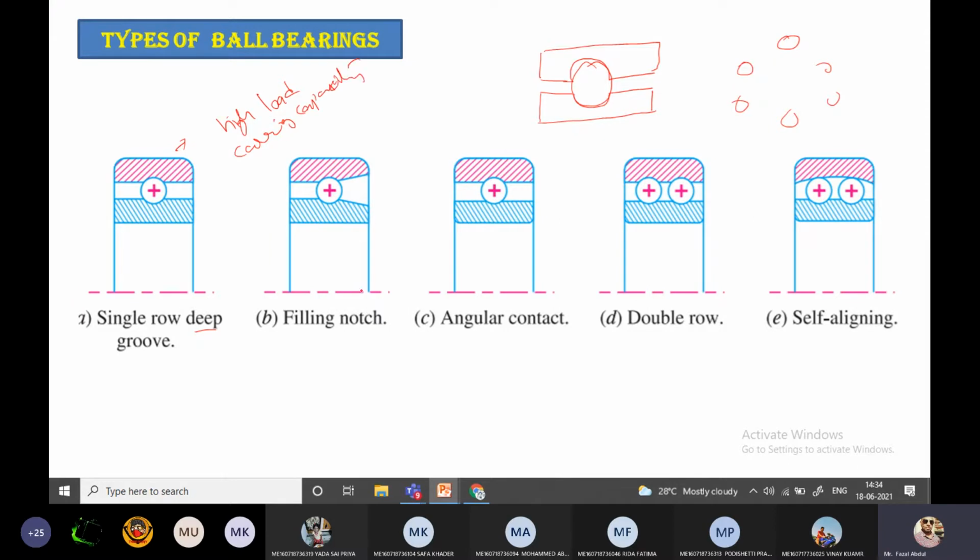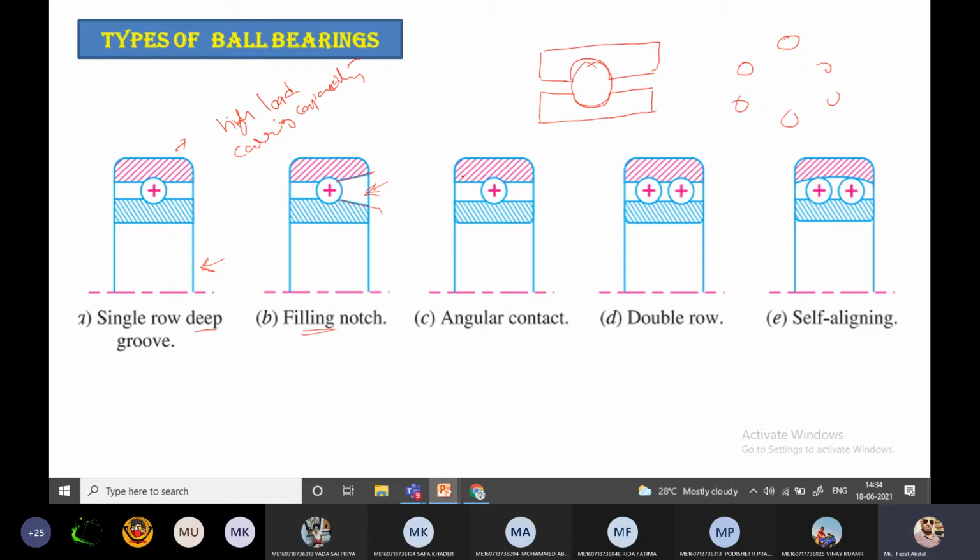High load carrying capacity, and filling notch bearing. The filling notch bearing overcomes the disadvantage of the previous single row deep groove ball bearing, because for both the inner race and outer race the notch is created. So through these notches we can easily insert the number of balls. In the previous one only limited balls can be inserted, so limited application is there.